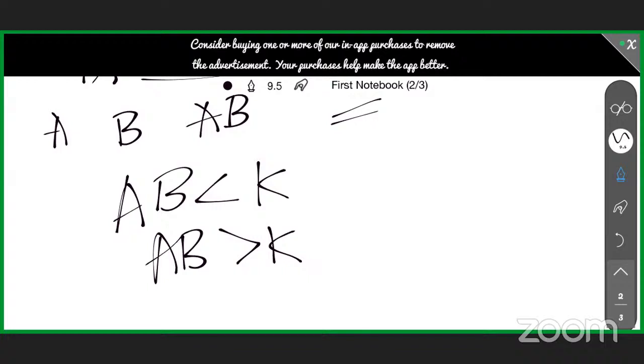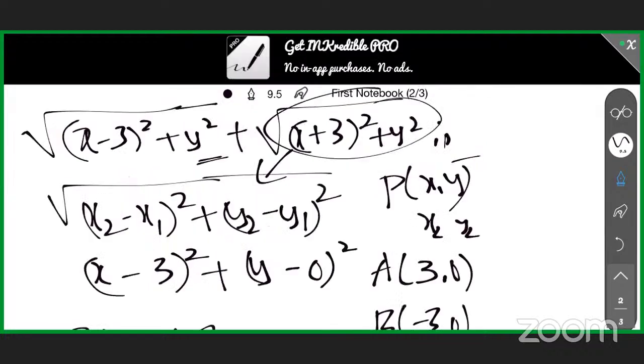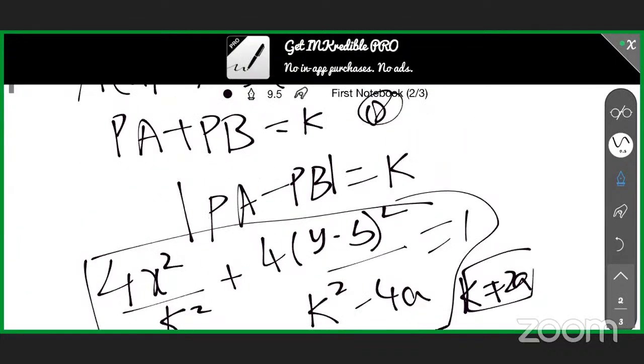My AB is equal to K. So what happens? Circle, no. Is it a point, straight line? Straight line? Very good. Straight line. Correct, no? The points will coincide, so the point will come to a straight line.